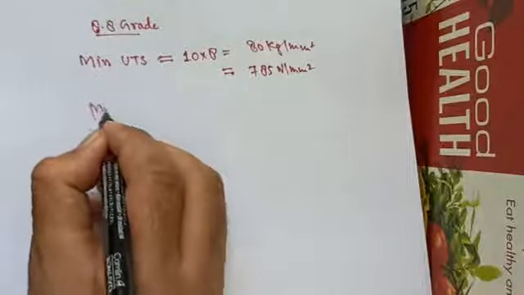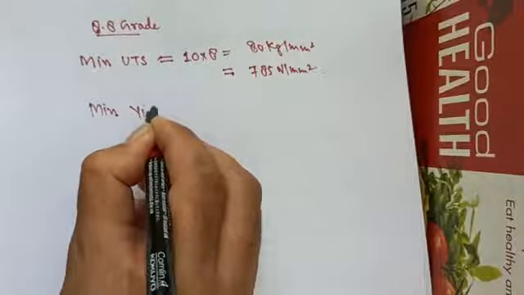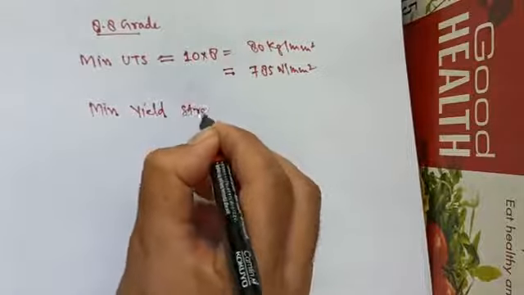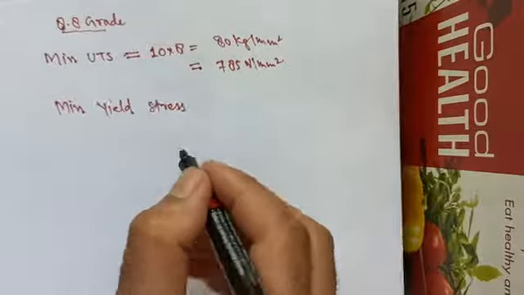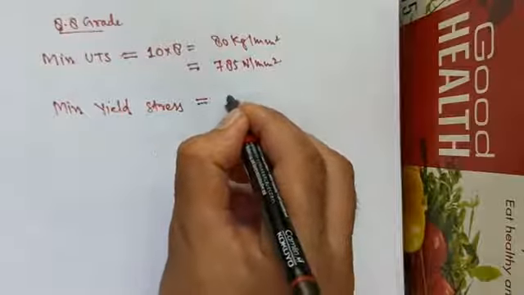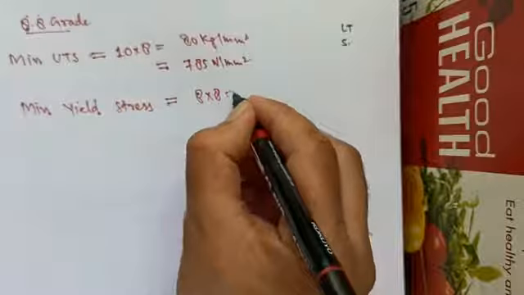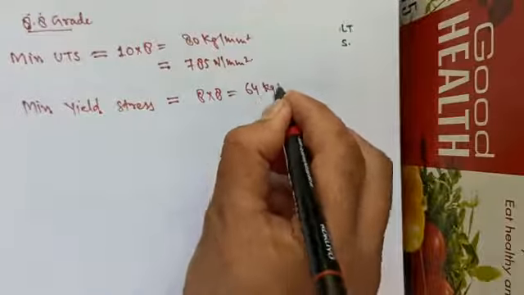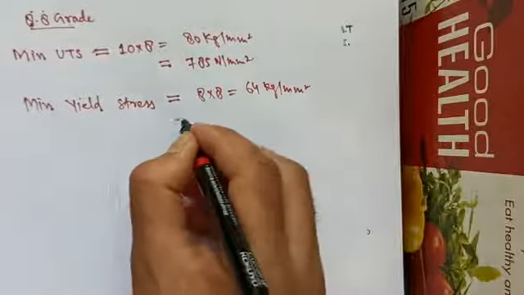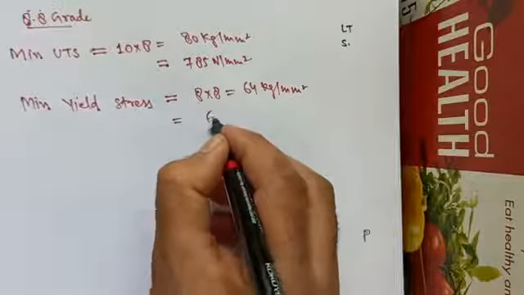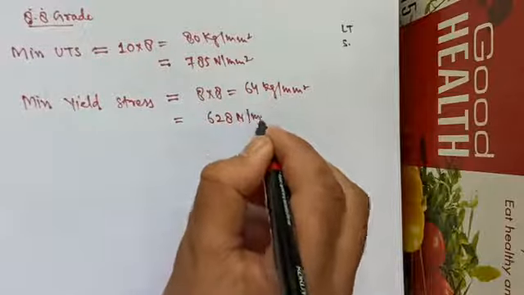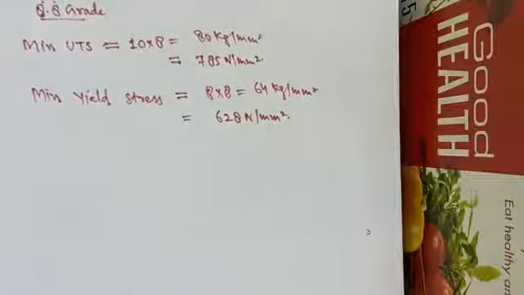And the minimum yield stress for this grade of the bolt will be equal to the product of the two numbers, that is 8 multiplied by 8, that will be equal to 64 kg per millimeter square, and that will be equal to 628 Newton per millimeter square.